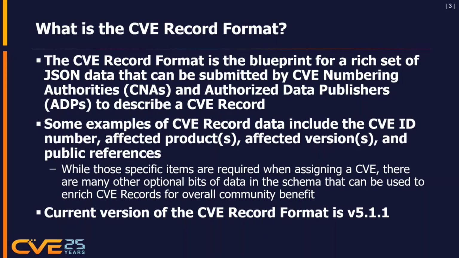It can also be used by tools to display and digest CVE records, and sometimes it can be read directly by us nerdy folks. The current version of the CVE record format is 5.1.1, and it contains a handful of required data properties, such as affected product and version, vulnerability type, public reference URLs, as well as many other optional data properties, which we'll cover a few today.